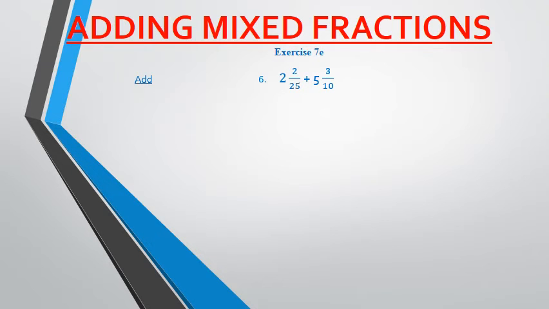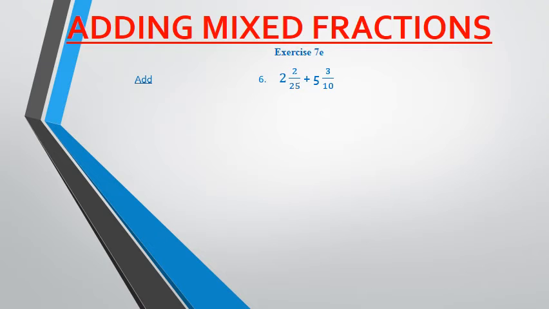Now children, let's do the sixth question of exercise 7E. Here again we have to add two mixed fractions which are also unlike fractions. That is 2 2 by 25 plus 5 3 by 10. So what is the first step? First of all, we have to change these two mixed fractions into improper fractions.